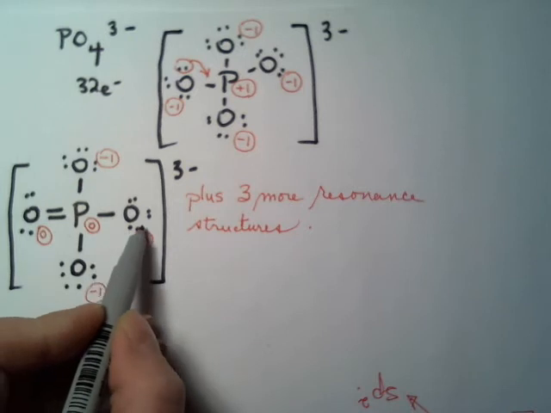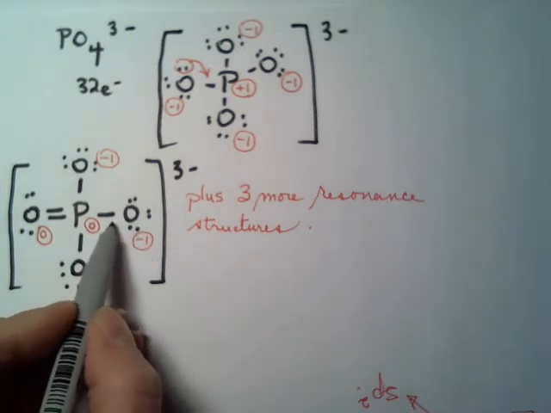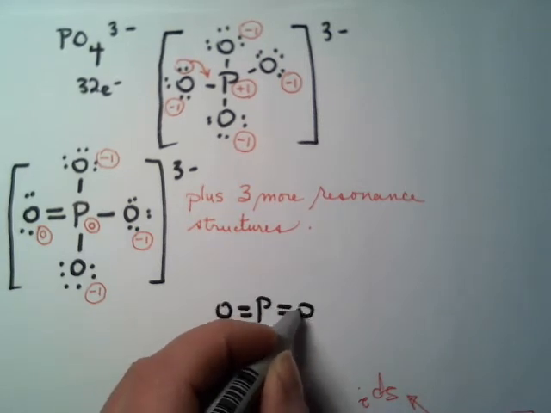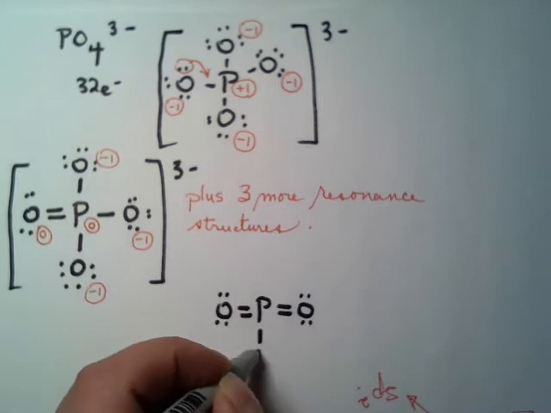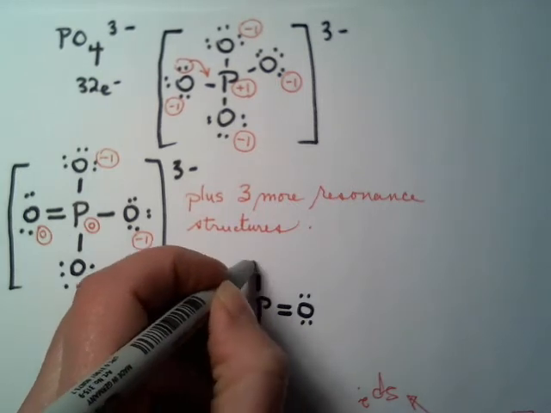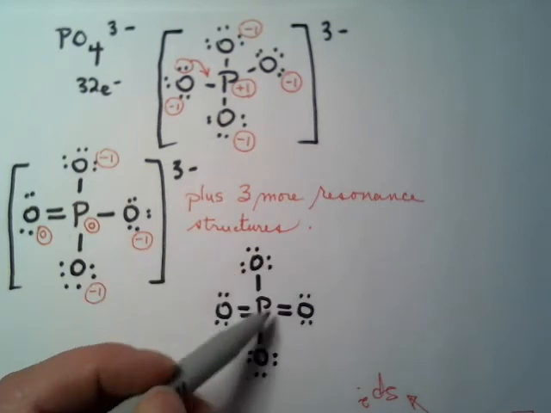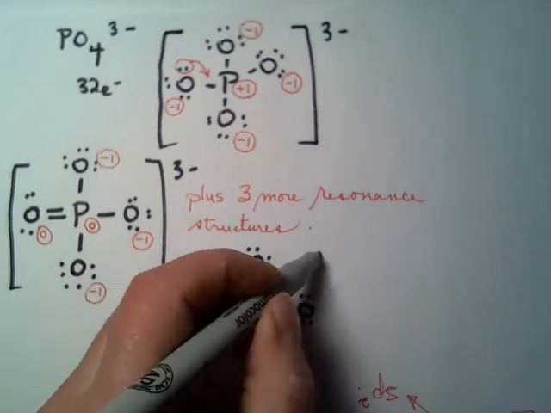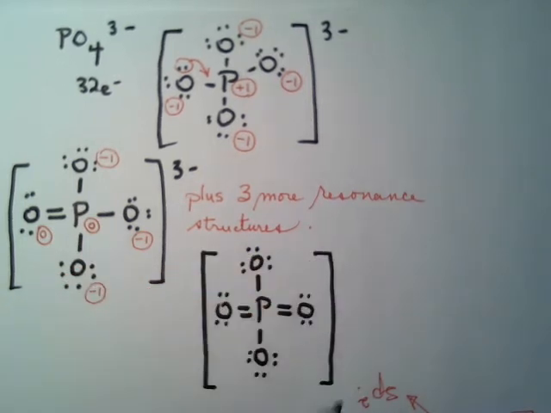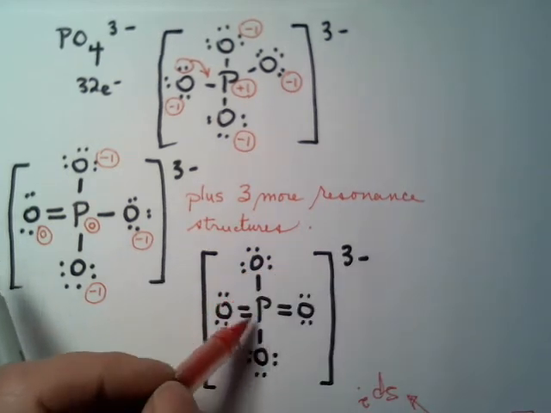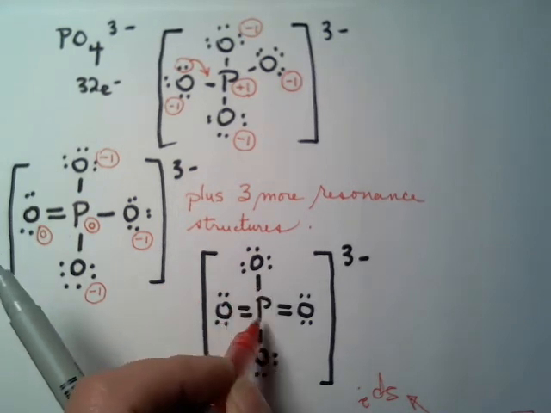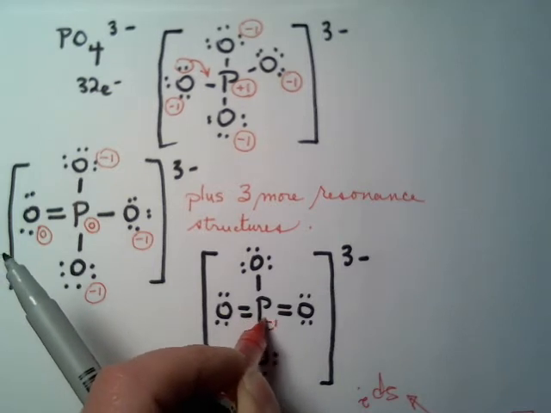Let's take this pair of electrons and bring it down and make a double bond there, so that I have phosphorus, double bond, and single, and single, and I would have a couple of different resonance structures there as well that would have 2 single and 2 double bonds. And so now phosphorus has 2, 4, 6, 8, 10, 12. Its formal charge is 5 minus 1, 2, 3, 4, 5, 6, or a -1.